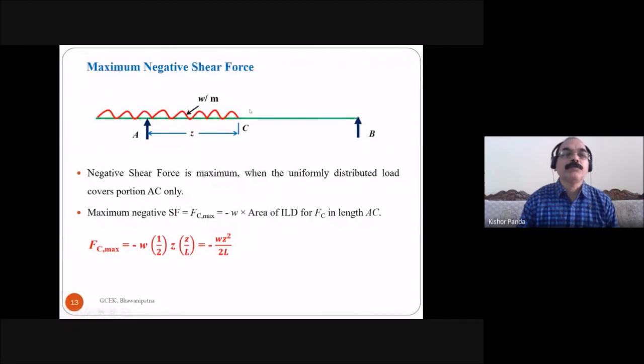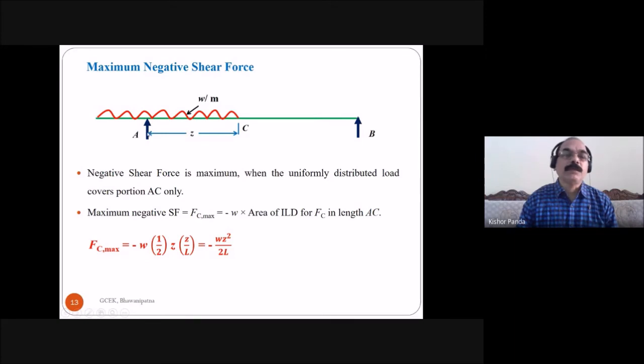Coming to this figure, this is for the maximum negative shear force, because the UDL is present between A and C. In the portion BC there is no UDL. In this case you will get the maximum negative shear force.